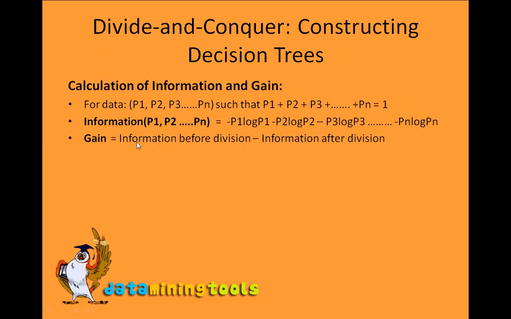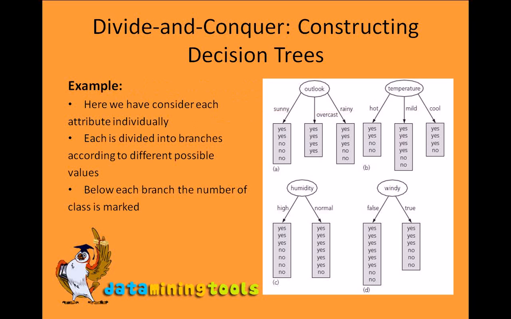The gain will be the information before the division on this attribute minus the information after the division, and we go for the attribute that gives us the maximum gain. So this is how we actually do it. This will help you understand what we are talking about.